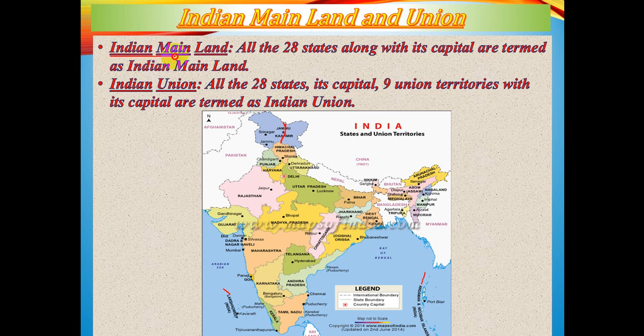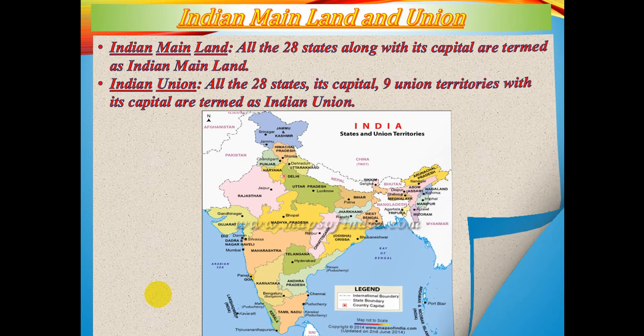When we include both the island groups, we are calculating the extent of the Indian Union. So what is the basic difference between the mainland and the Union? The inclusion of both the island groups. If included, it is Union. If not included, it is mainland.